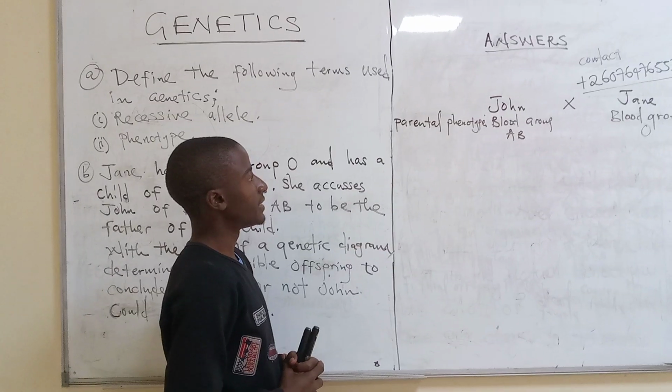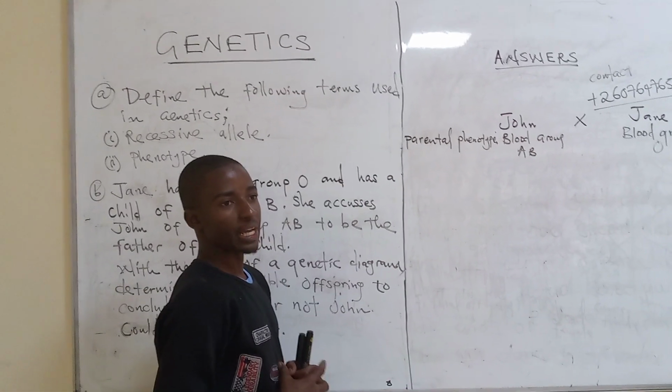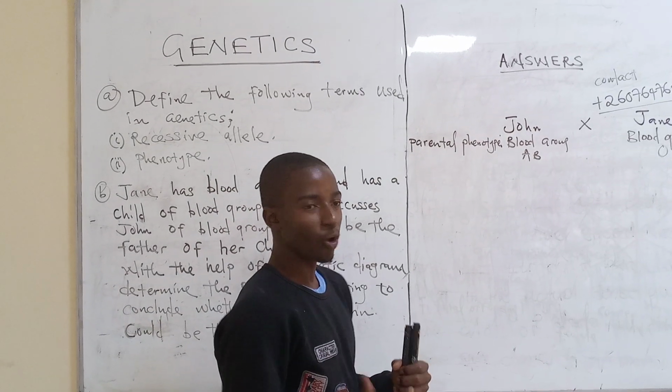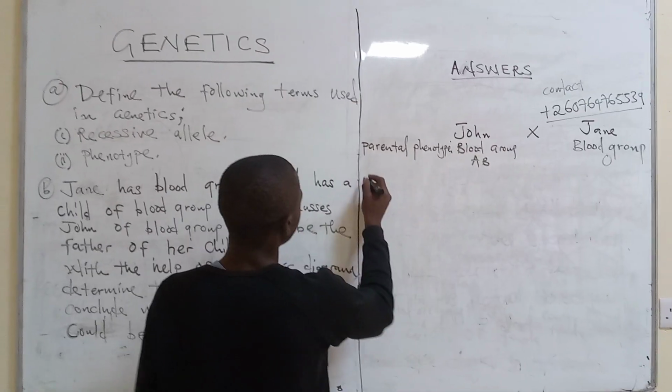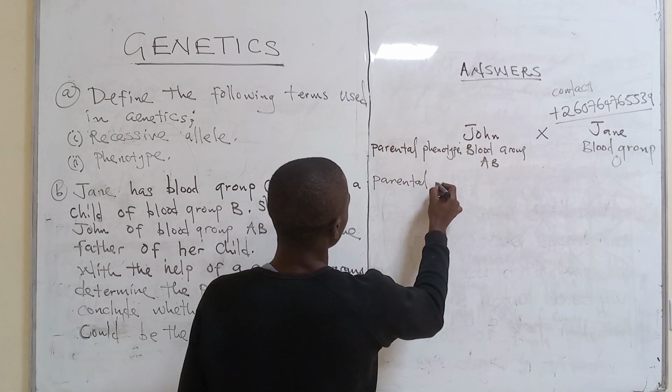Second thing is to write the parental genotype. What is parental genotype? That is just the genetical makeup of an organism.